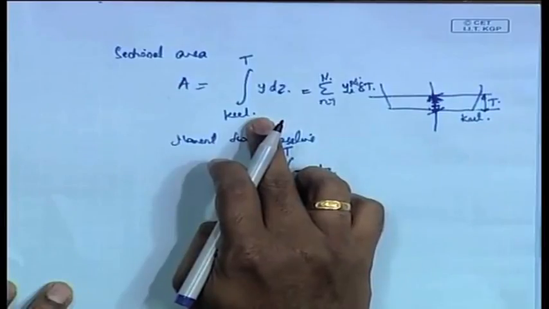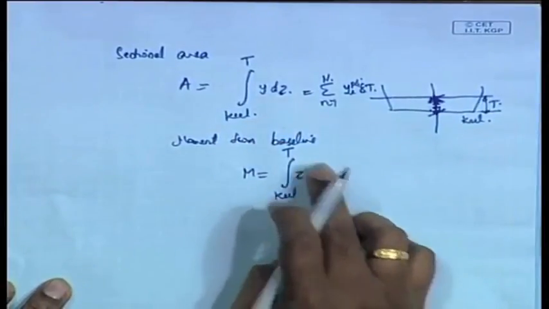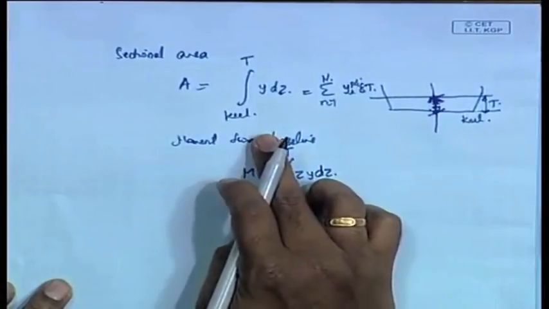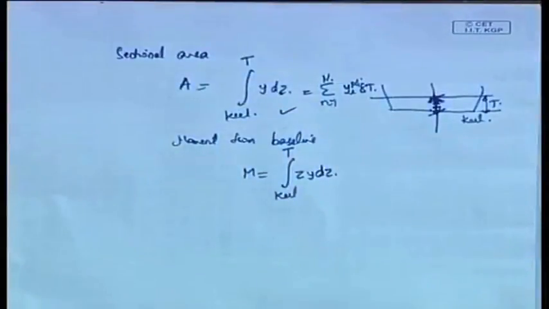And if I found out the moment from the baseline and the sectional area summed up for the entire stations, this gives you the total volume, and this gives you the total moment.